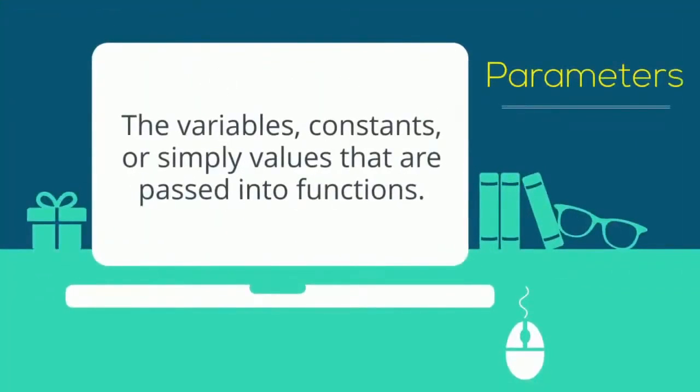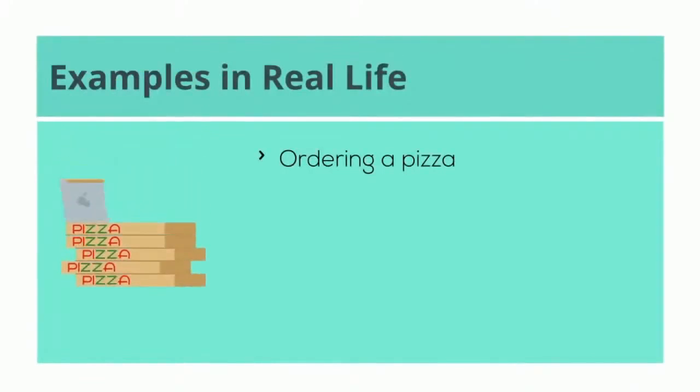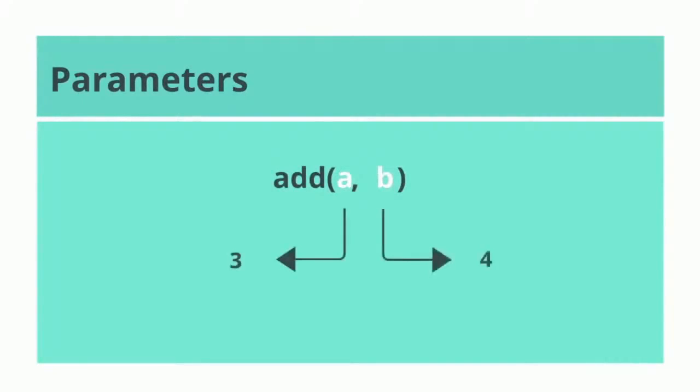Parameters are the variables, constants, or simply values that are passed into functions. For example, when ordering a pizza, the parameters would be the ingredients given to the workers before they start the process. Or when searching online, the parameters would be the words you would put in the search box. Specifically, parameters are the variables used in the function definition, in this case, a and b. They each take the place of a value to be used in the function.